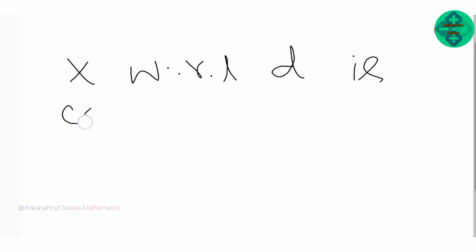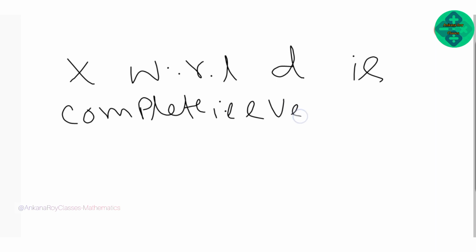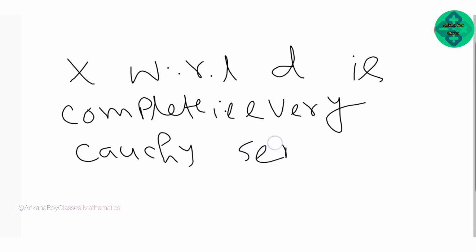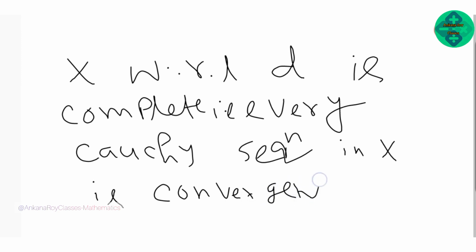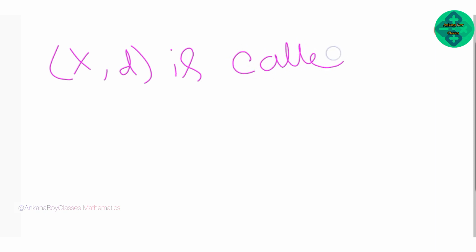Now, if X with respect to the metric d is complete, that is, every Cauchy sequence in X is convergent with respect to the metric d, then (X, d) is called a complete metric space.